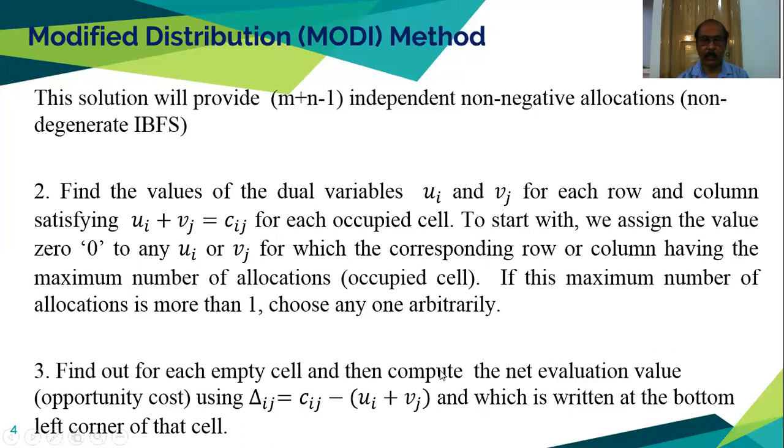I am considering that way, the cost in the top right corner, and in the middle we write the allocation. When the allocation is there, we do not calculate delta ij. For the empty cell, we calculate delta ij.